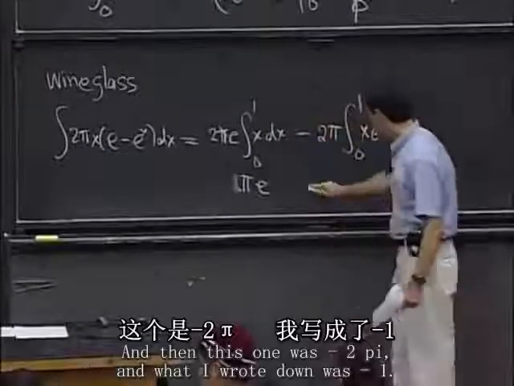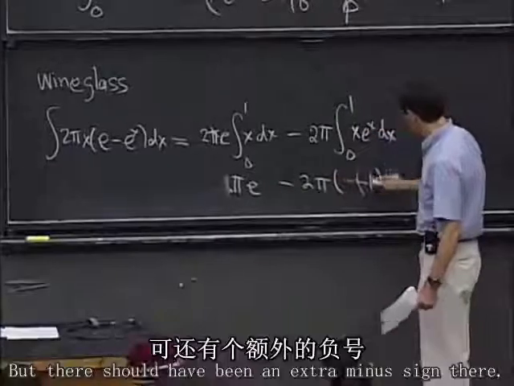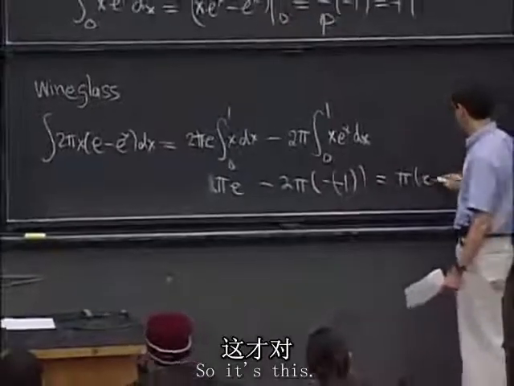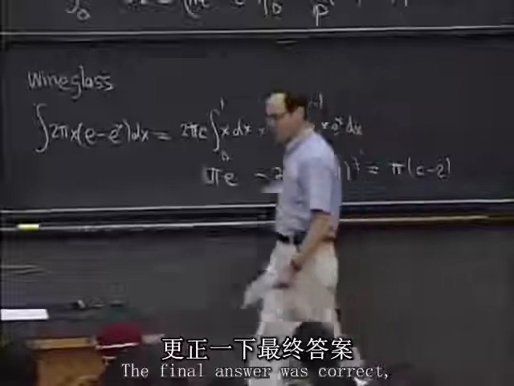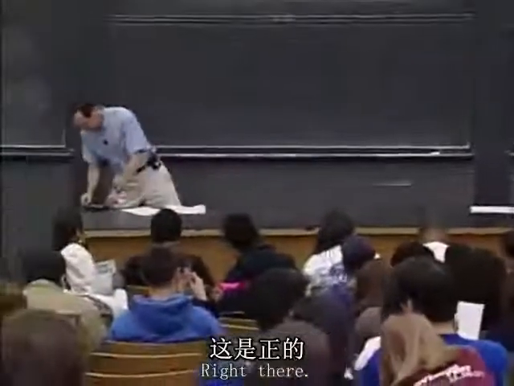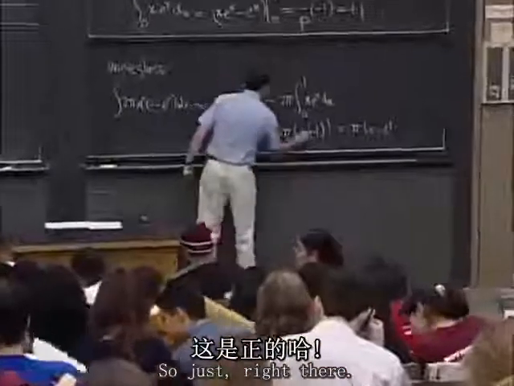And then this one was minus 2 pi, and what I wrote down was minus 1, but there should have been an extra minus sign there, right? So it's this. The final answer was correct, but this minus sign was missing right there. All right? So just right there.